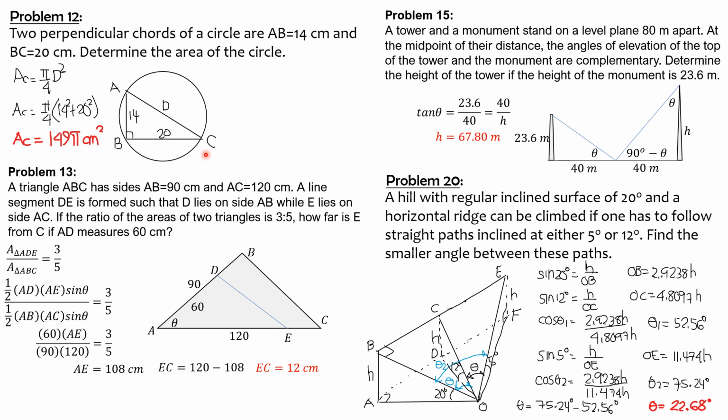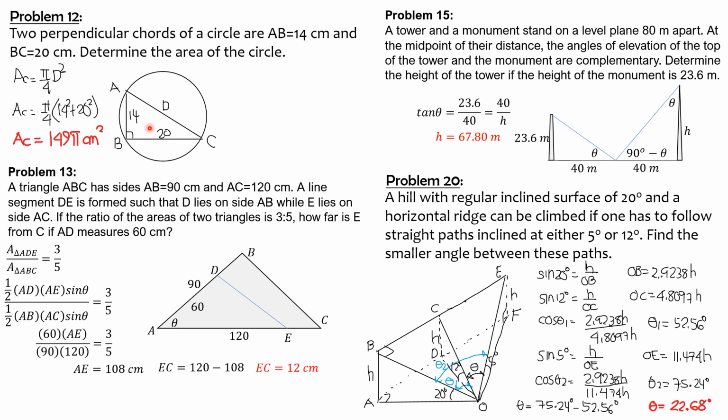It's because if you apply sine law, that ratio is equal to the diameter of the circumscribed circle. Side a over sine angle A equals side b over sine angle B equals side c over sine angle C, and it is equal to the diameter of the circumscribing circle.